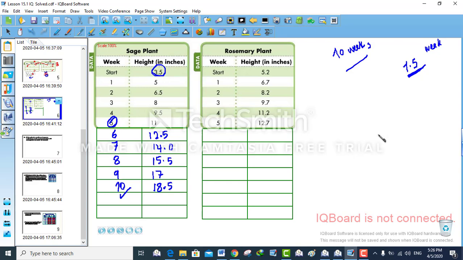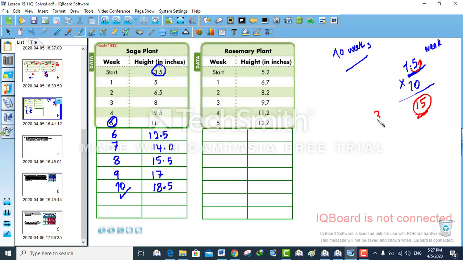So just multiply the number of weeks, 10, by 1.5. When you multiply by 10, just move the decimal point to the right one step like this. So the answer will be 15. So I multiplied the 1.5 by the number of weeks, which is 10, so I got 15.